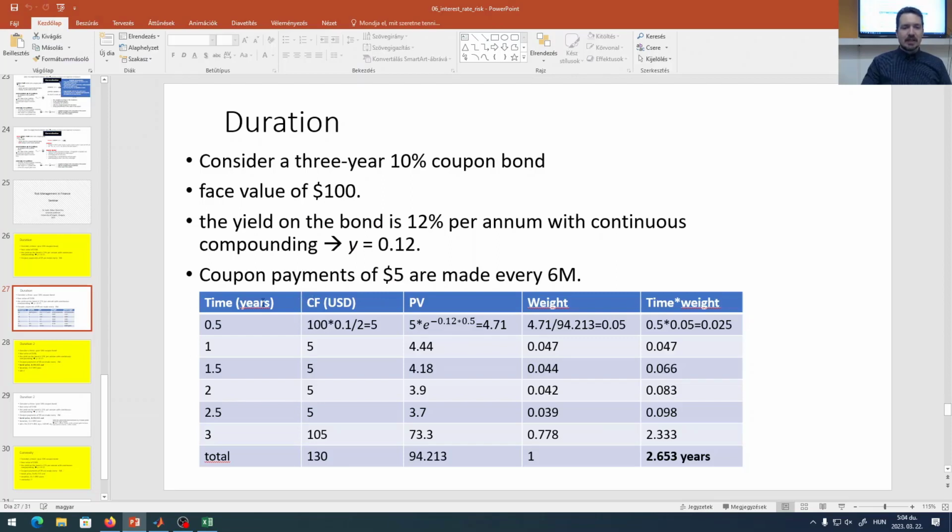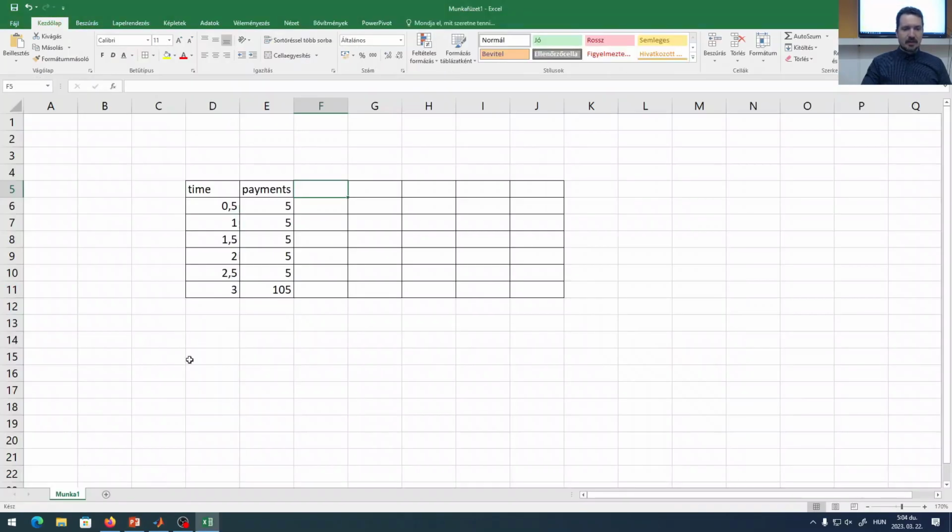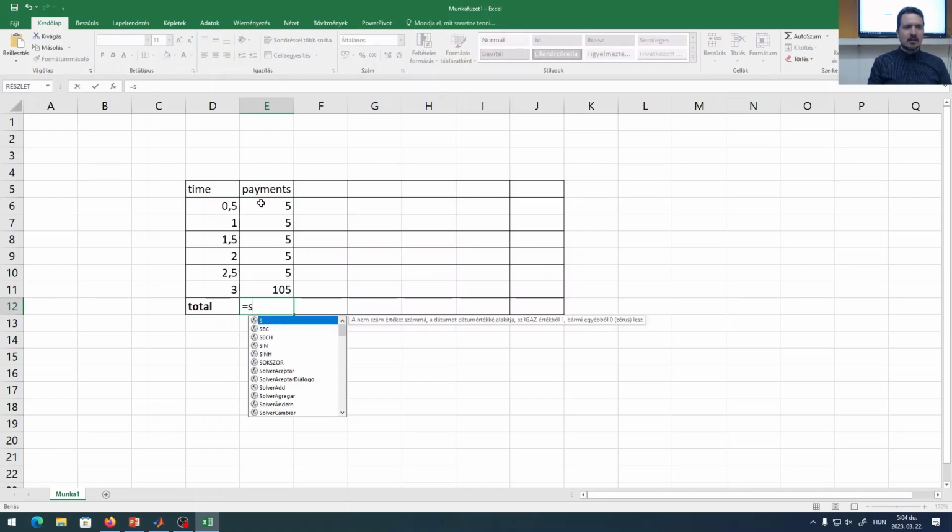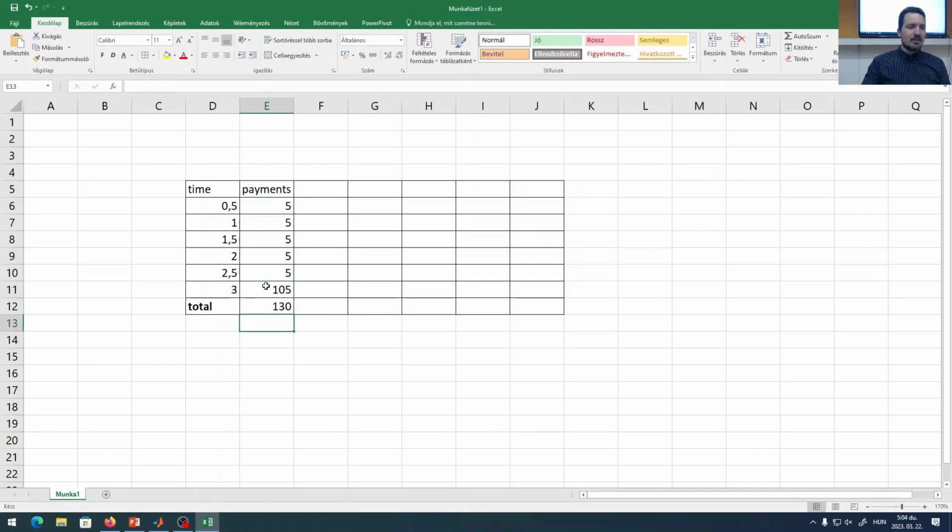We also need a total, because this is where we will account for the payment. Oh, I left it in Hungarian, sorry. But we can sum this up, so practically the same, just instead of the Hungarian function name, we are using sum.